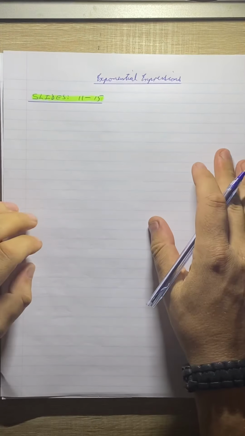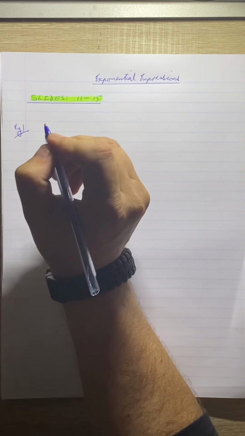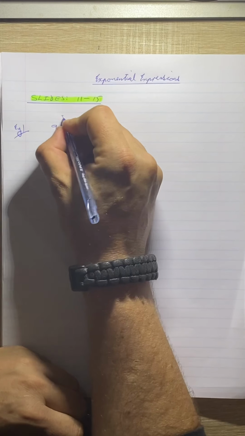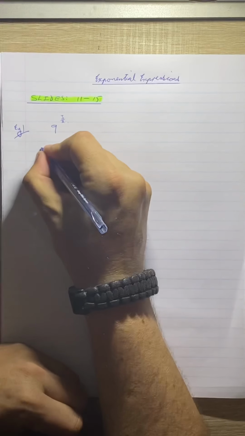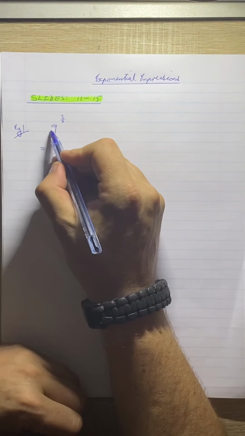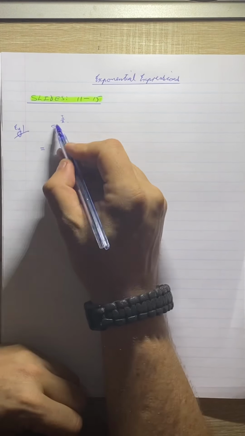Okay, so let's get stuck into it with example 1, which says simplify 9 to the power of 3 over 2. Whenever you get something like this, you are going to prime factorize your base. So if we prime factorize this, it would be 3 squared, which is 9.